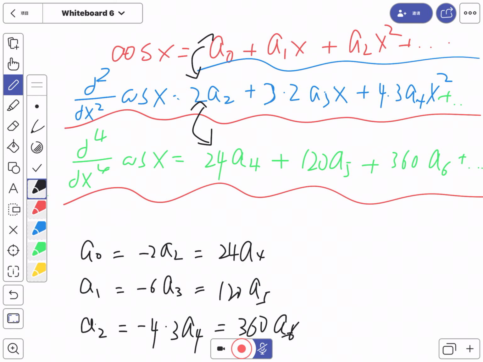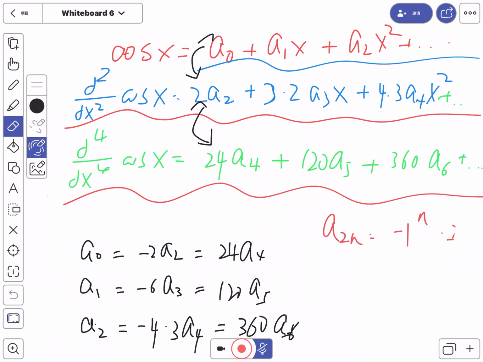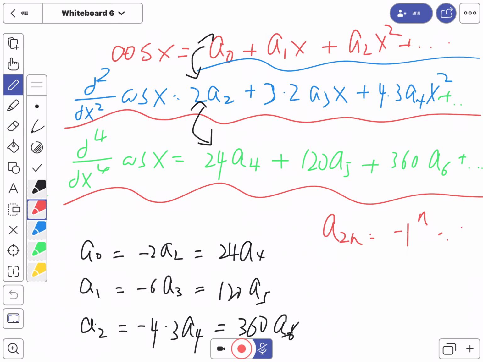So now you can see that it basically makes a generalization, and this is essentially what we're trying to see, because we see that a base 2n is equal to negative 1 to the nth power, and then multiplied by x to the 2n over 2n factorial, but we don't really have it, so 2n times a0 over 2n factorial.